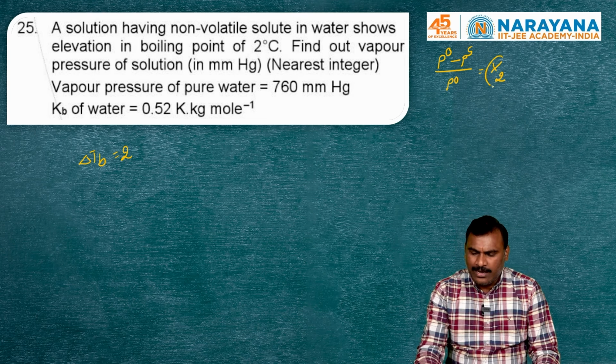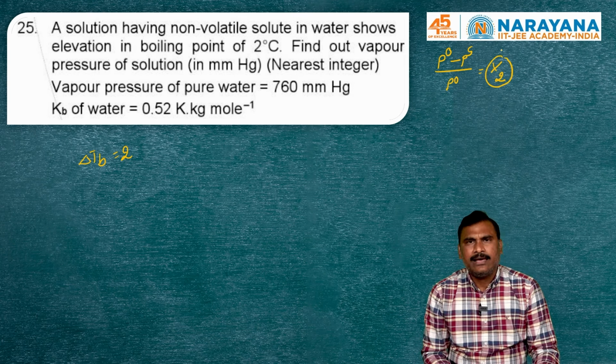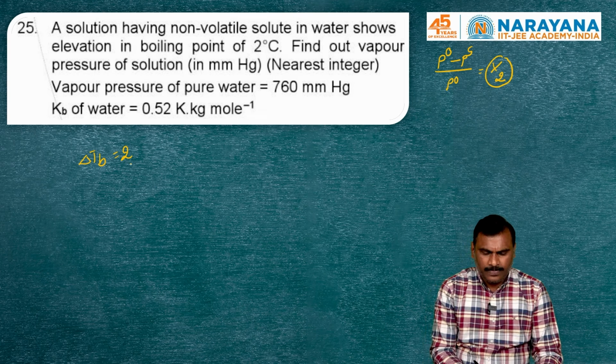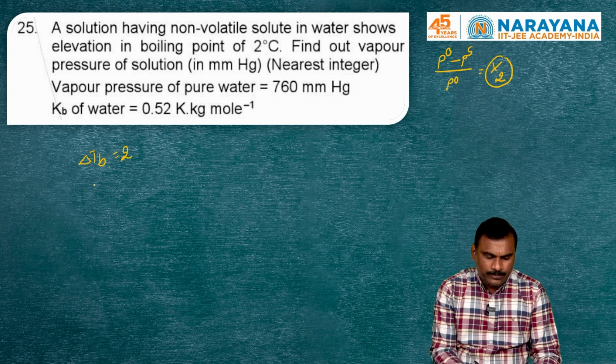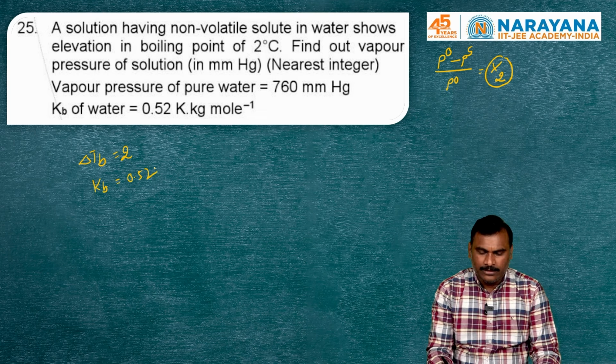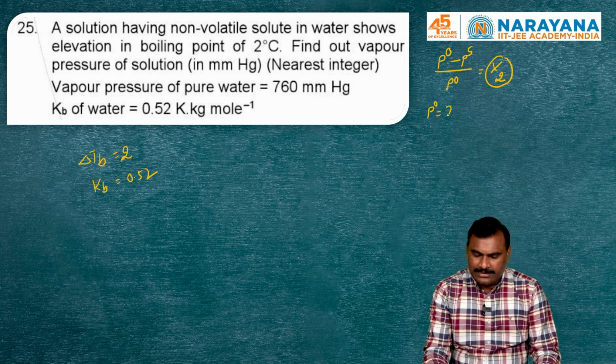So first of all, I have to find X2, that means the mole fraction of the solute. What is the data they gave? Delta Tb is given, Kb value is given, and the P naught value, that is 760 mm of Hg, is also given.